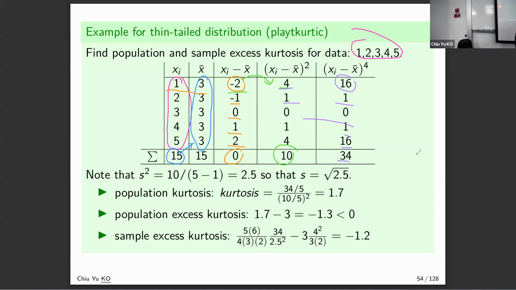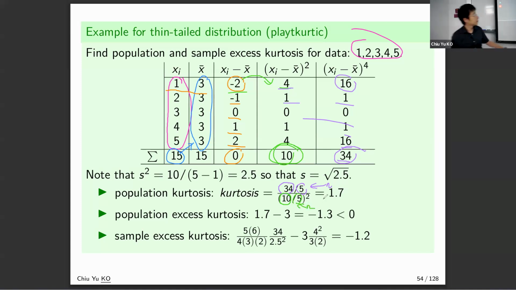And the population kurtosis is very simple. 34 is here, and there are 5 data points, so there's n, right? And look at the denominator, this green guy: the 10 is here, and again this is n.